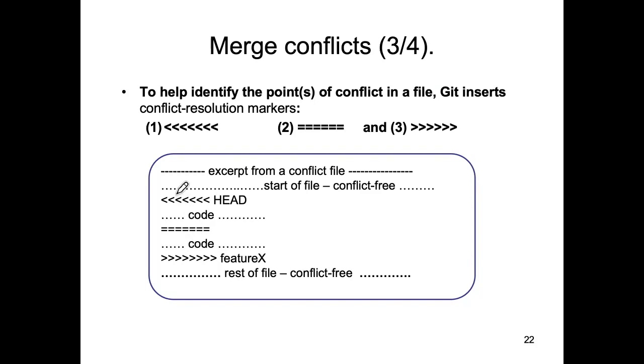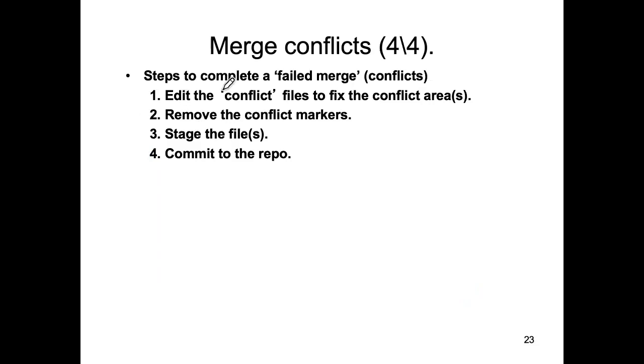Okay, so what we now have is in our working directory, we've got a couple of files that have these conflict markers in them, and we need to fix those files. So we need to edit the conflicting files.